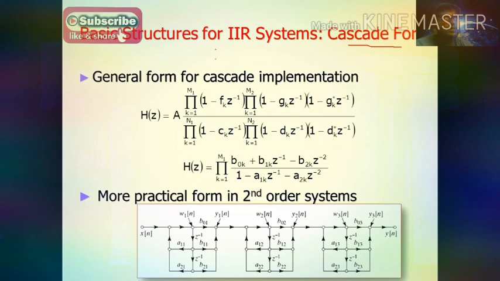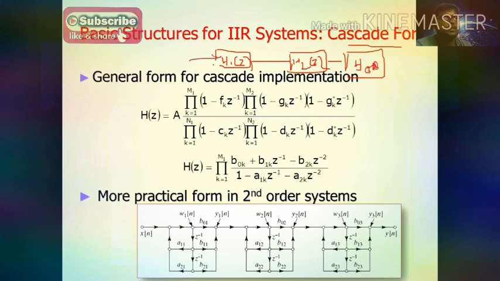For example, we draw the h1 of z block, which is connected with another sub-transfer function, h2 of z, in series with another one, h3 of z, and so on.